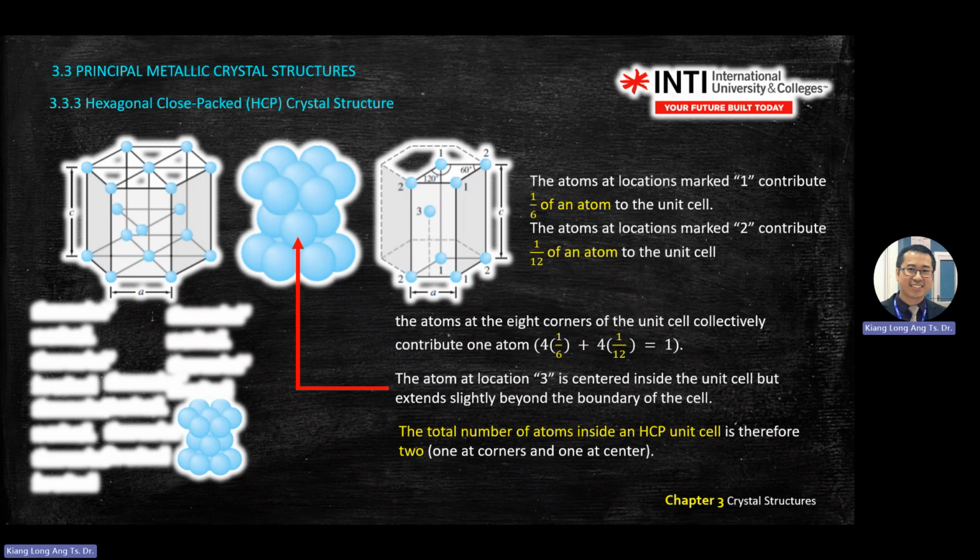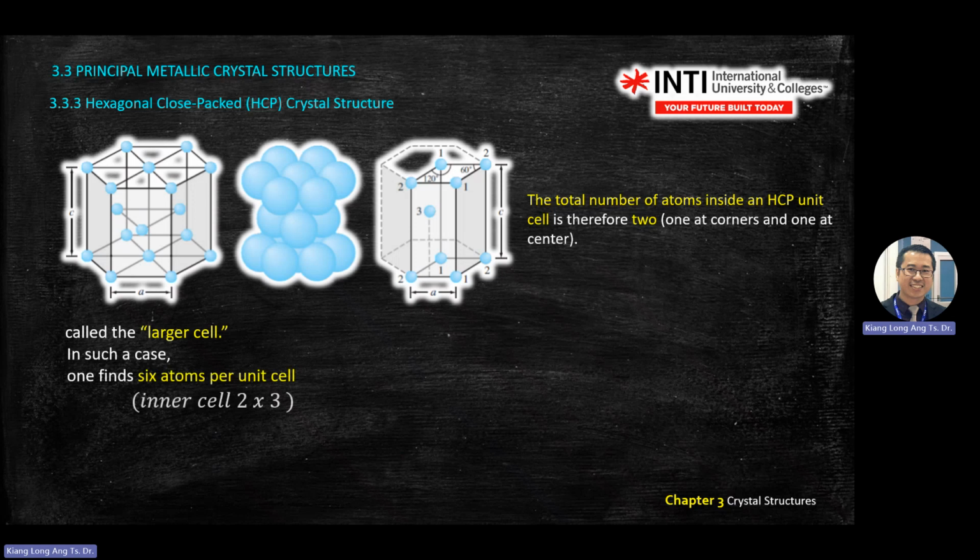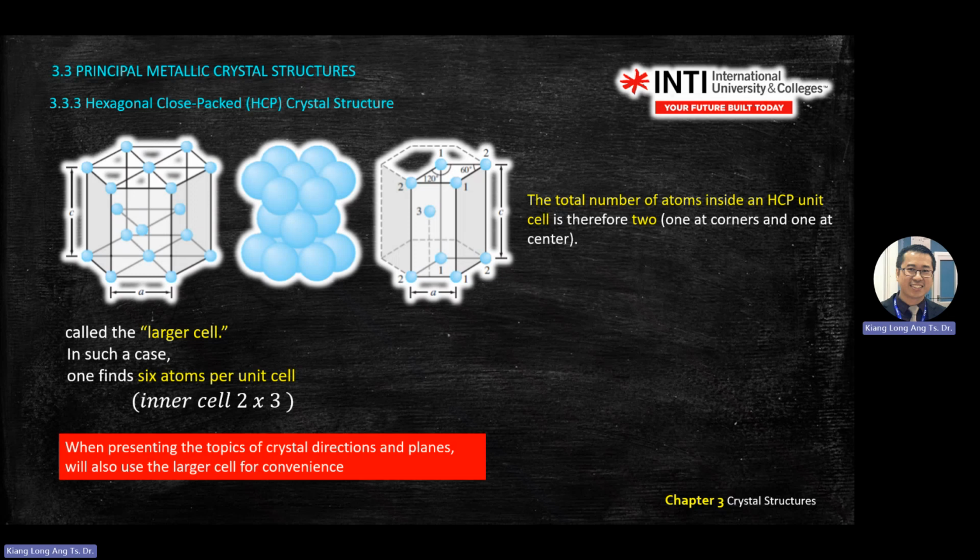BCC 2, meh? BCC 2, right? Half 1, 2. Okay. So yeah. Sometimes we call large cell. Large cell means you have 2 multiplied by 3 and so on.